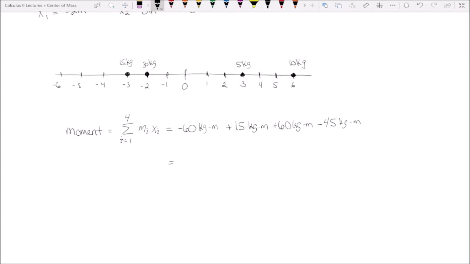So the moment is negative 30 kilogram meters.